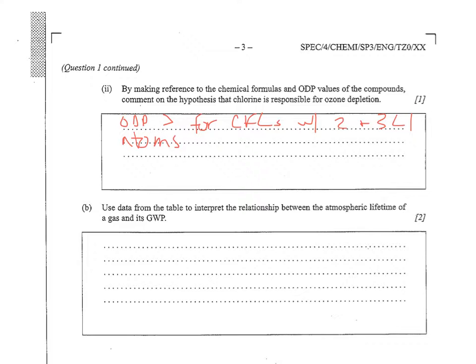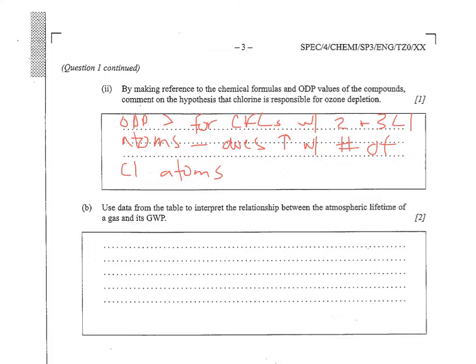So the ODP value does increase with the number of chlorine. So the hypothesis seems to have some validity.